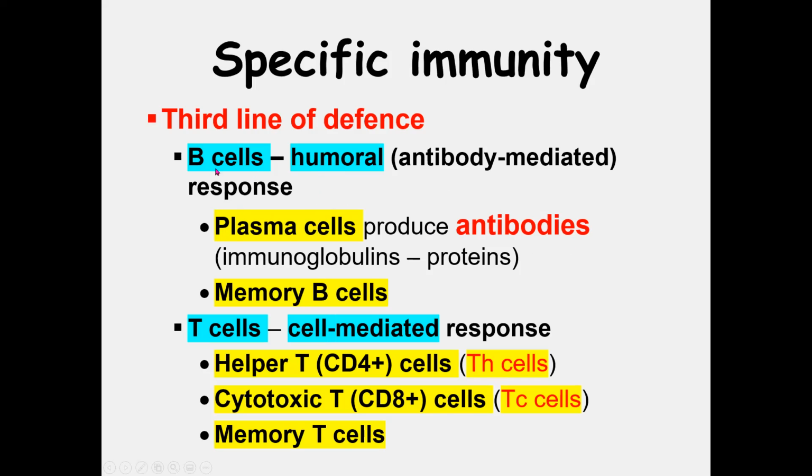When there's an infection, they get converted to what we call plasma cells. They produce the antibodies, which we also call immunoglobulins. Globulin means a protein, and the immuno refers to immunology. So they're very, very specific to whatever is attacking us.